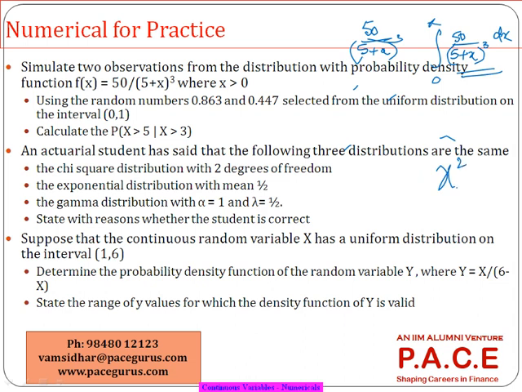Chi-square distribution with 2 degrees of freedom is the same as a gamma distribution with alpha equal to 1 and lambda equal to half.